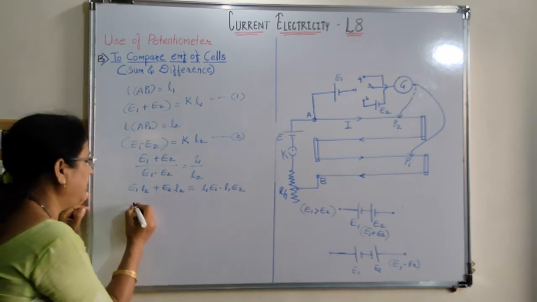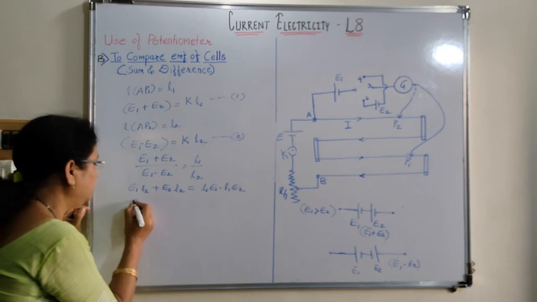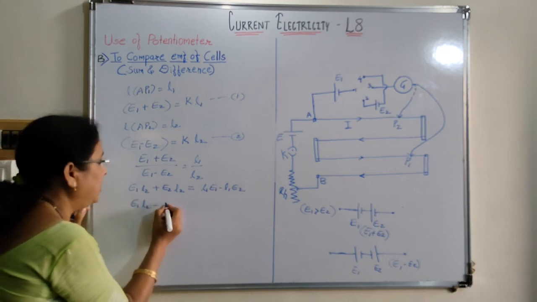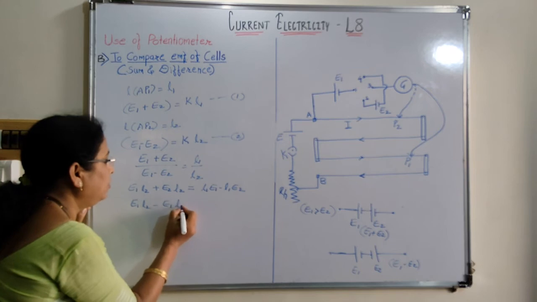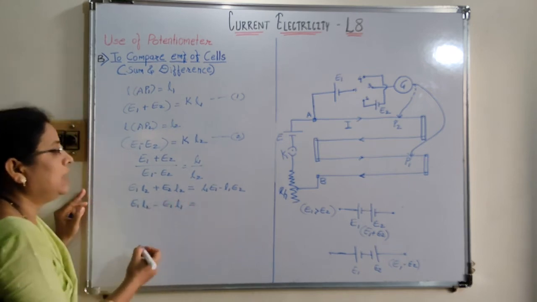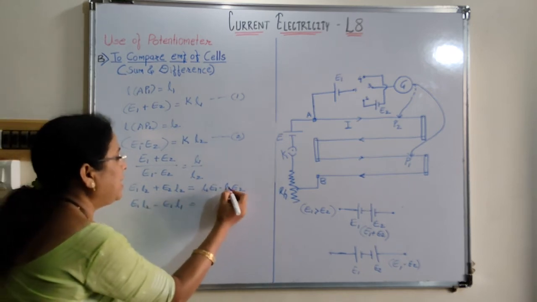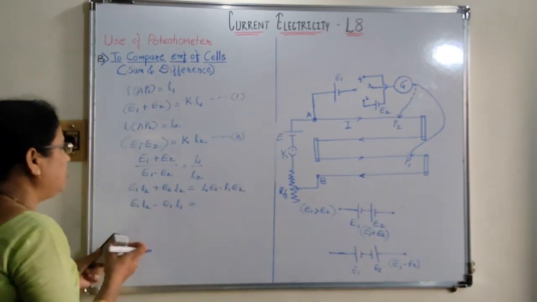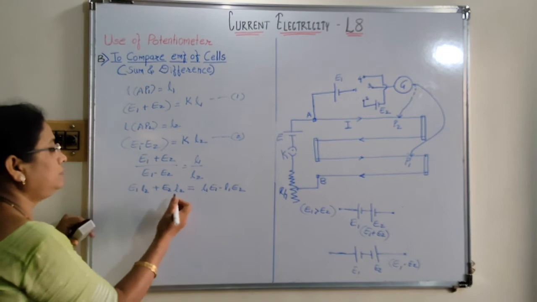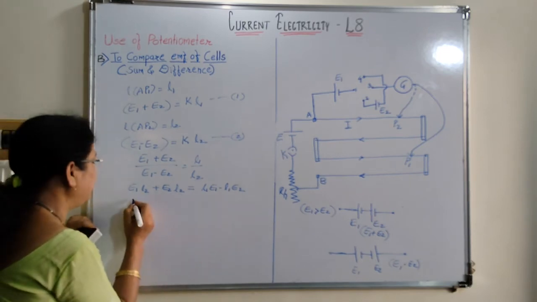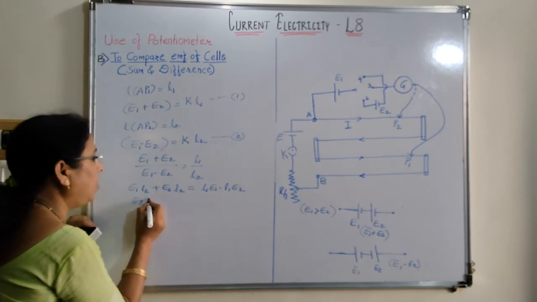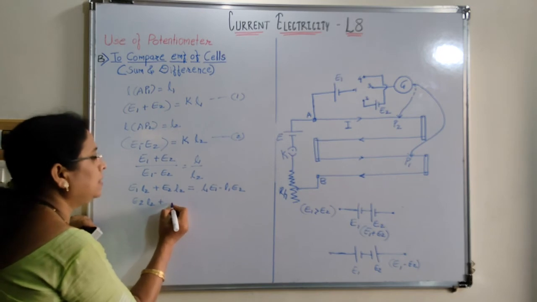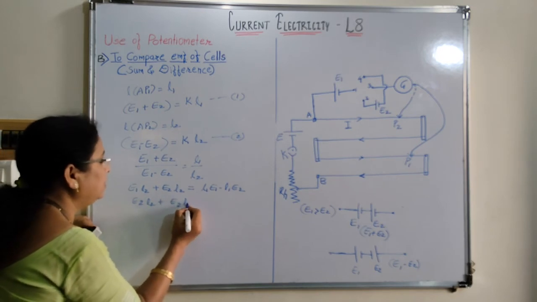On this side we get E1 into L2 minus E1 into L1. Here we can take minus E1 L1, or we can take L1 E2 on these sides. It will be easy for calculation then. E2 L2 plus E2 L1.